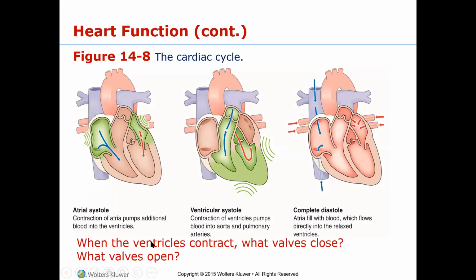So one cardiac cycle would consist of the atria, the top portion of the heart, contracting, and that would open the valve between the right atrium and the right ventricle, which is the atrioventricular valve. On the right side, it is the tricuspid valve, and it allows blood to flow from the right atrium to the right ventricle.